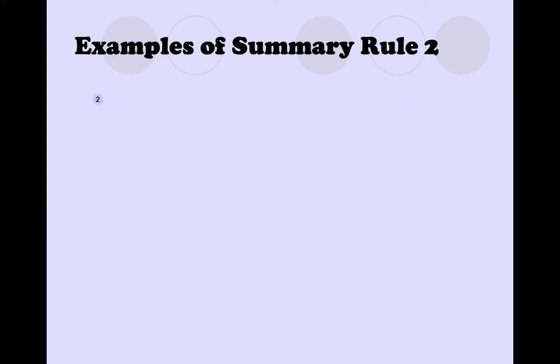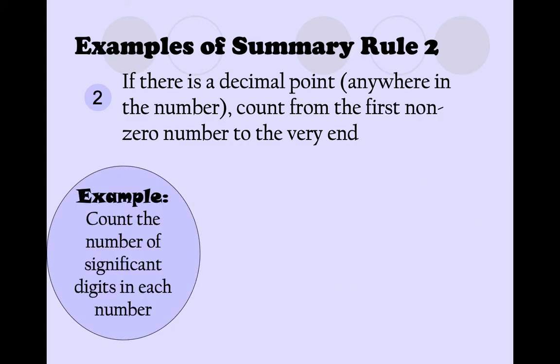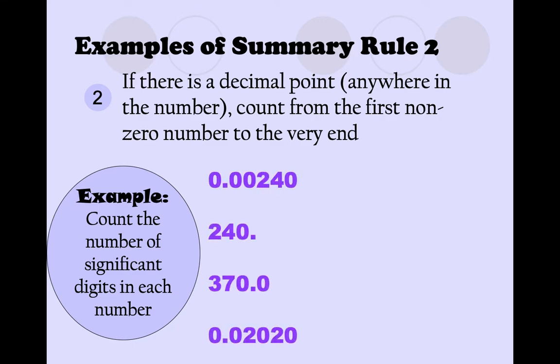For rule number 2, if there is a decimal point, I start at the first non-zero and I go to the very end. So here in this first example, my first non-zero is the 2, and I'm counting all the way to the end. So I get 3 significant digits. So I now am counting that 0 at the very end.